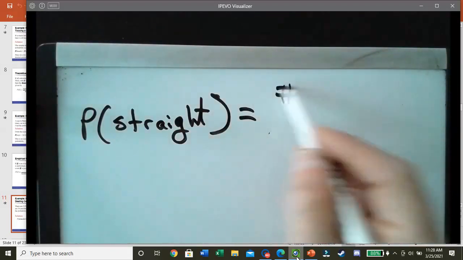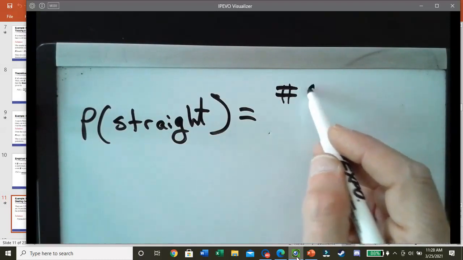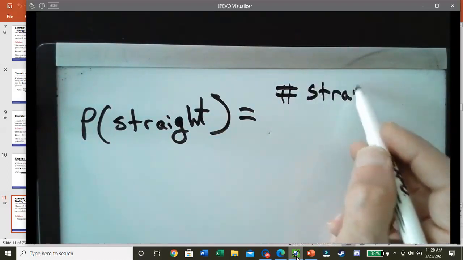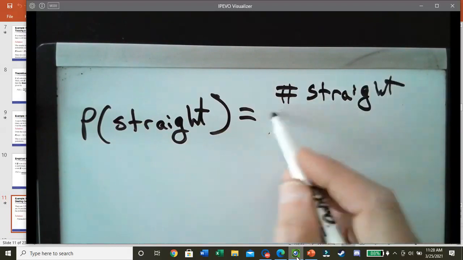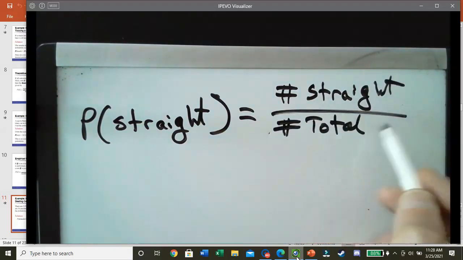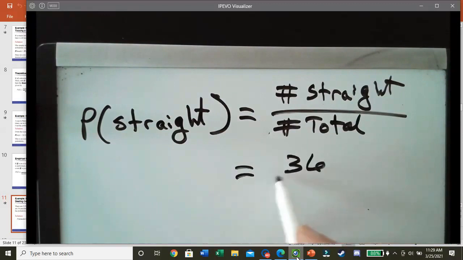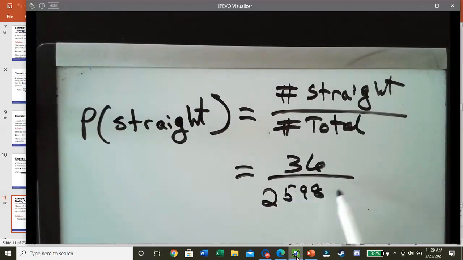So we're looking at the number of times we had a straight over the number of total possible hands. And so that was 36 different ways to get a straight over 2,598,960.